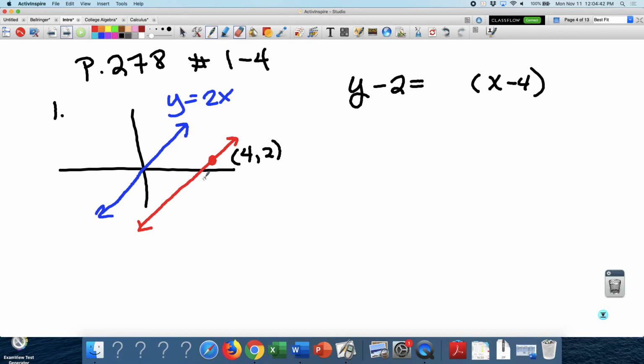Look at the top, right above the blue line. What does it say? Y equals 2x. What is the slope of the blue line? And if these are parallel, then what's the slope of the red line? 2. That's all you got to do. Okay, so I want you to do 2 through 4 in your notes.